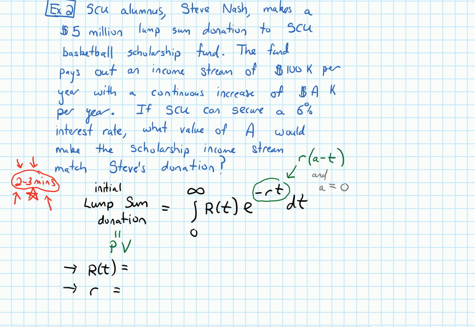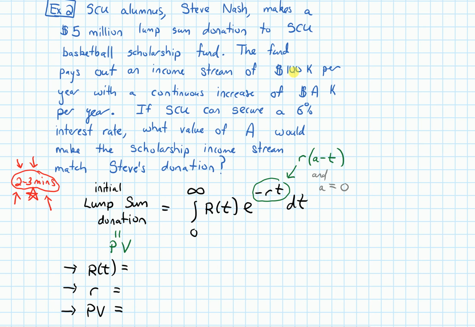And in this problem, actually, I know what PV is, what that present value, that lump sum donation is. In fact, let's start with that. The donation we know already. It's the $5 million. But in the question, the other values of dollars are given in thousands.